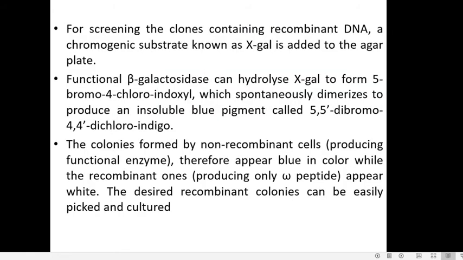Now, how do we screen them? This functional beta galactosidase has enzymatic activity.